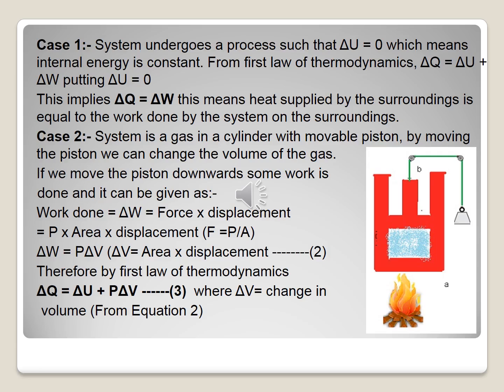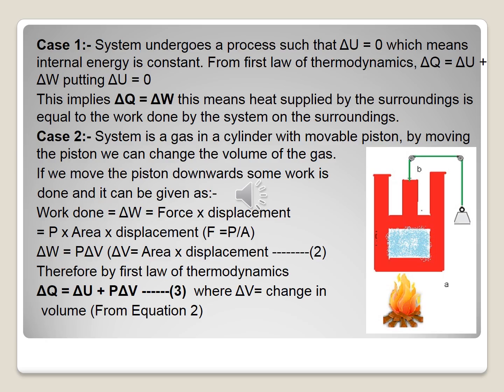Since pressure is equal to force per unit area, force F is equal to pressure into area. So delta W is equal to pressure into area into displacement. As area multiplied by displacement is equal to the change in volume of the gas, it is the decrease in volume of the gas, then delta W is equal to pressure into decrease in the volume of the gas. It is equal to P delta V, which is the expression 2.